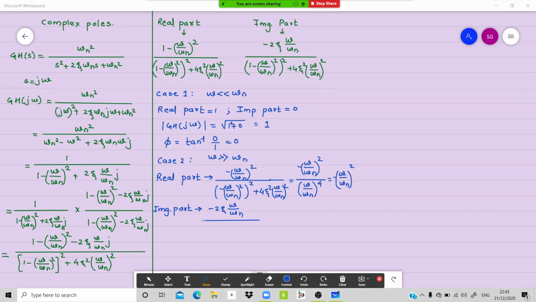I'll not write that 1 now. So it will be minus omega upon omega n bracket square and square of this plus 4 zeta omega n bracket square. Now again the same thing, power 4 over here.